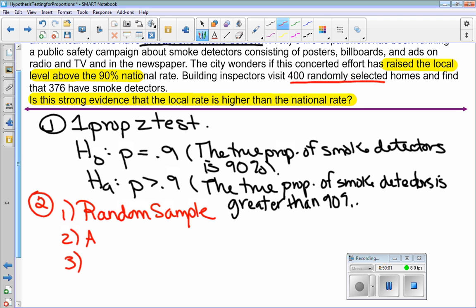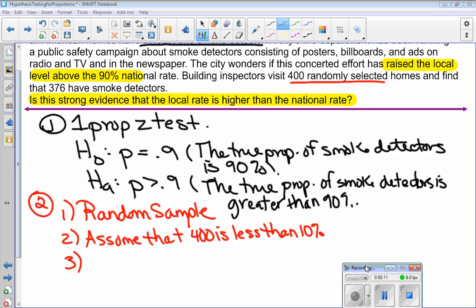We're going to assume that 400 is less than 10% of all homes in the town. So we would have to assume that it's at least a 4,000 home town, okay? So it could have been Manassas, right?